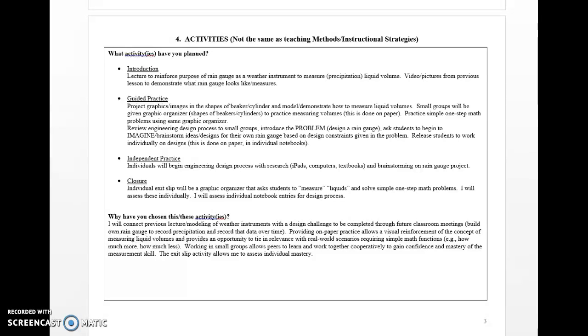But an alternative would be using a good old-fashioned overhead projector. So through guided practice, I would project some type of static shape of a beaker, cylinder, something to represent a rain gauge on a large area for the entire class to be able to see.